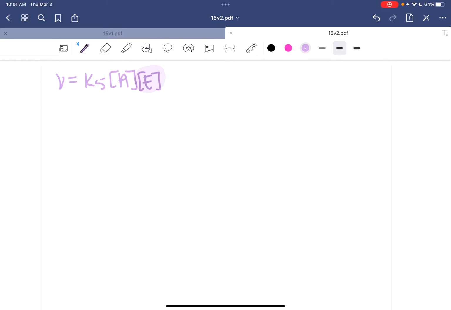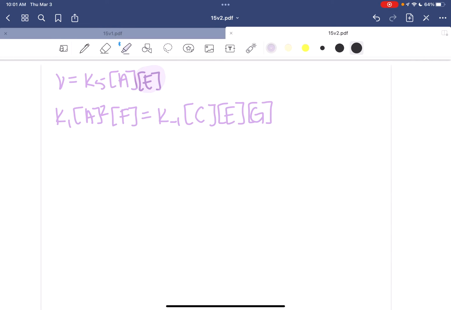And so our first equation is K1 times the concentration of A squared times the concentration of F, and that's equal to the backwards reaction, K minus 1, times the concentration of C, times the concentration of E, times the concentration of G. And now our goal is to solve for E. We want to get E equals something, and that something should include everything else in this equation because that's what we're going to plug in to our overall rate law here so that we can start to get rid of the intermediates that we have.